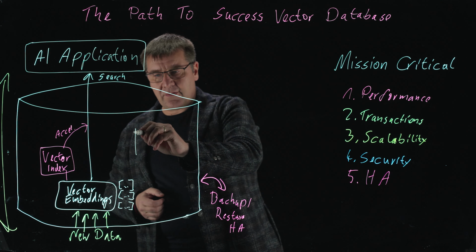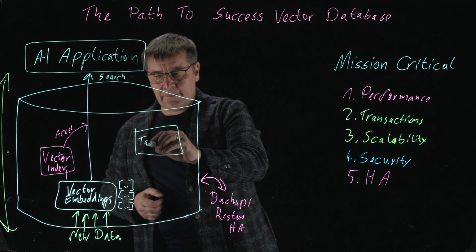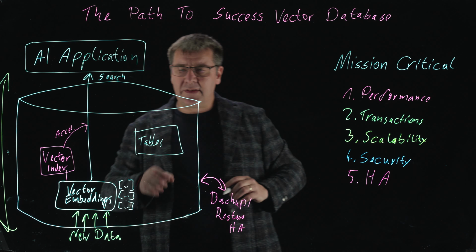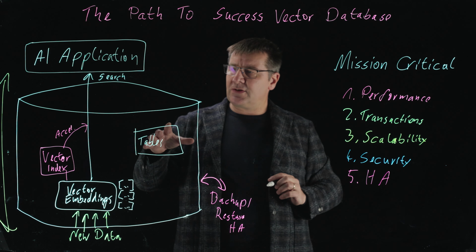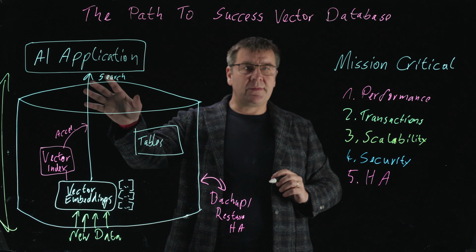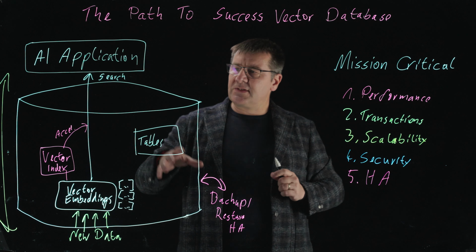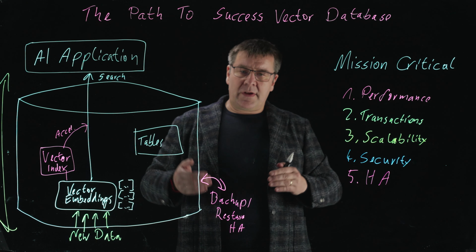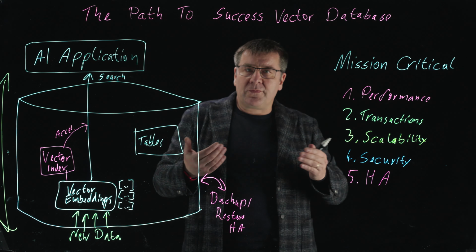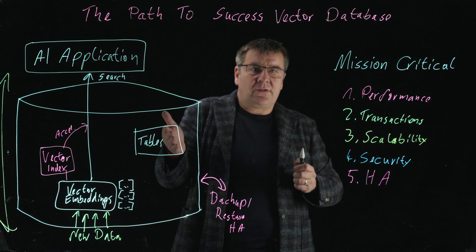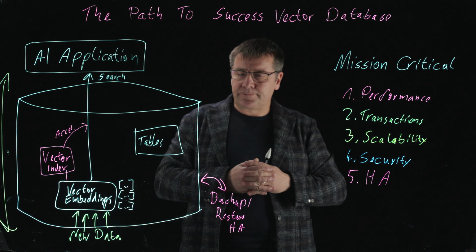You may have data already today in tables. And this information you may want to use and combine with the vector search. You may not just want to look for the most similar documents, but maybe for the most similar documents that belong to a certain user. You may want to filter those. And information on what user a document belongs to may just be stored in a table, like in a relational model.